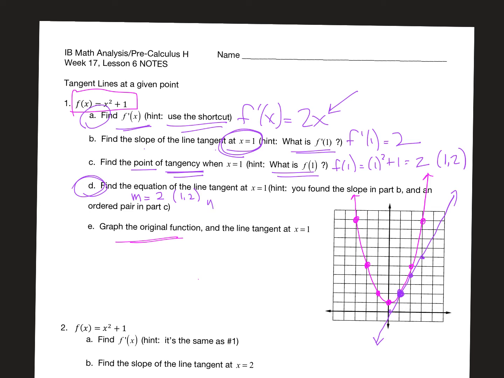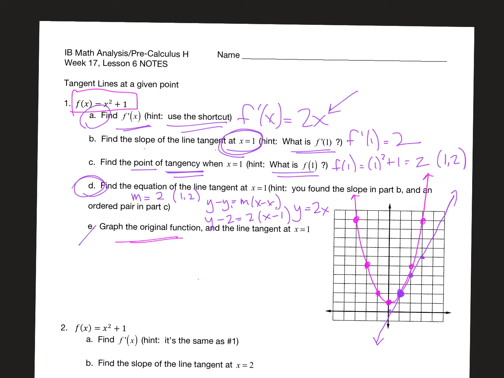It is y minus y1 equals m times x minus x1. Let me put some subscripts. So let's plug in what we know. We know a y of 2, we know an m of 2, and we know an x of 1. And if you simplify that, distribute, combine like terms, put it into slope-intercept form, you should get y equals 2x.